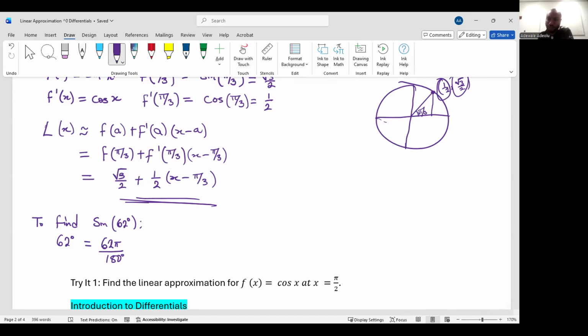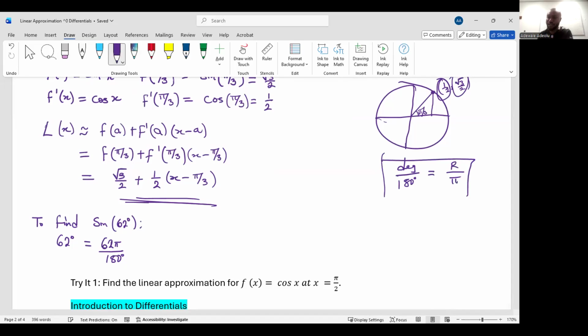If you have forgotten, just remember this. You can say degree is to 180 degrees as radian is to pi.